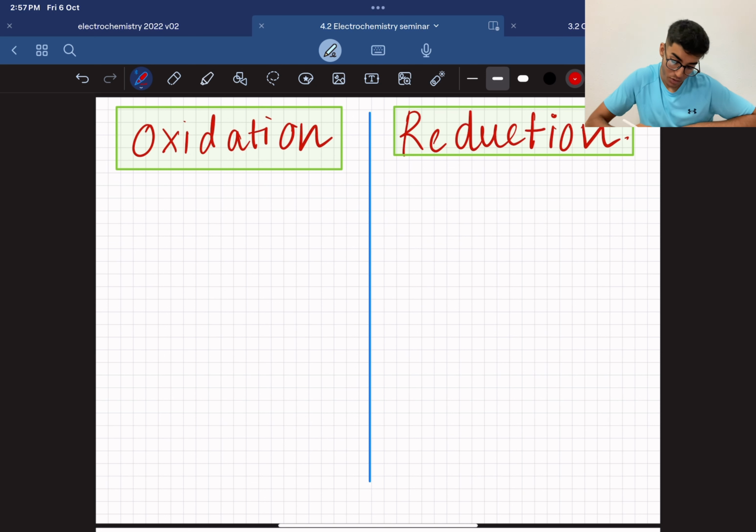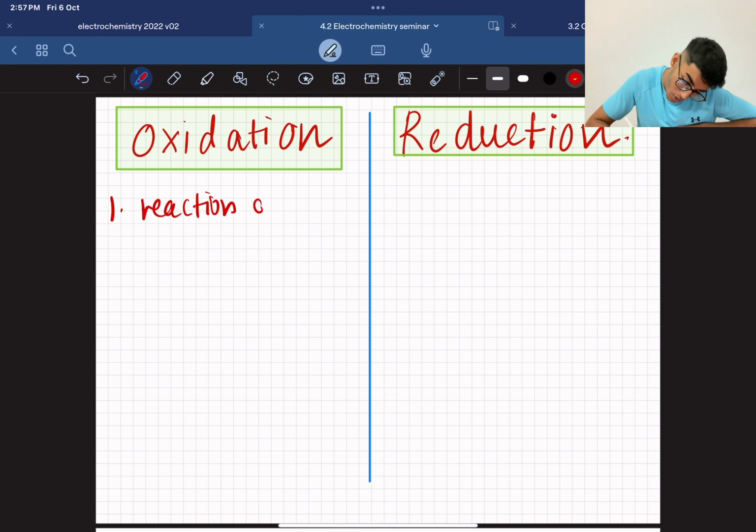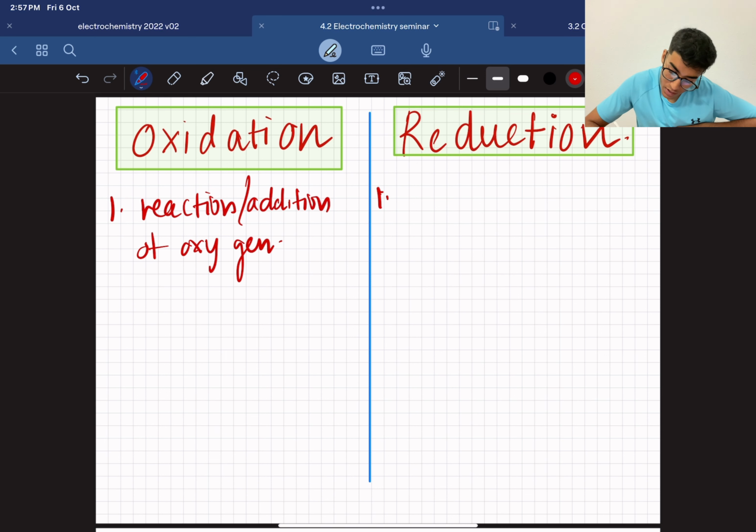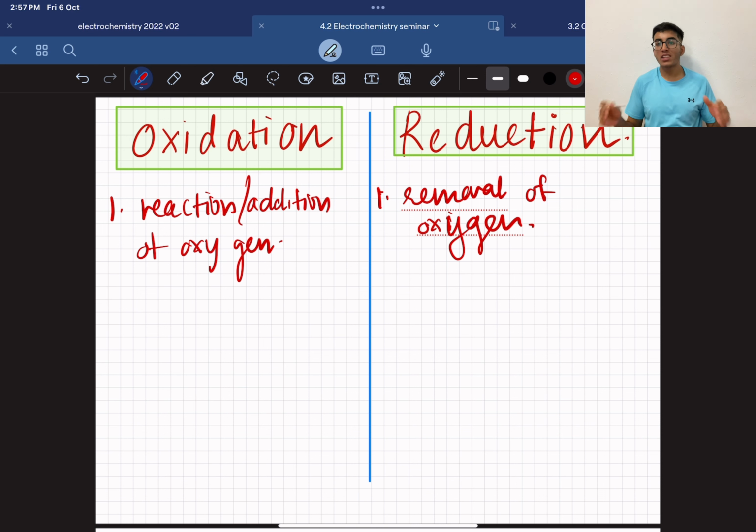The first way is simple: oxidation is reaction, or addition, of oxygen, and reduction is removal of oxygen. Simple. It's in the name. Oxidation means addition of oxygen. Reduction means removal of oxygen.